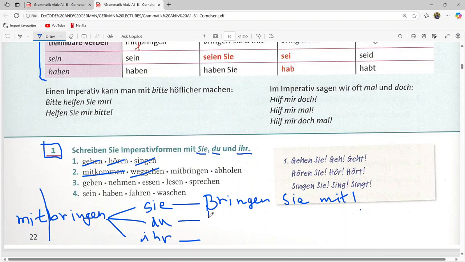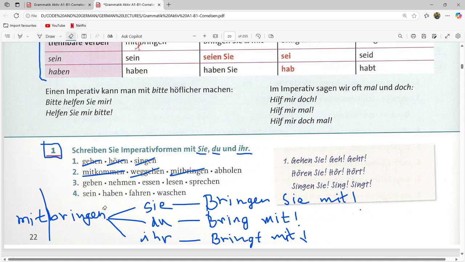In the du form it will be bring, not bringst, only bring. St will be removed and the rest of the trennbares verb: bring mit. And the er form it will be bringt mit. Done.